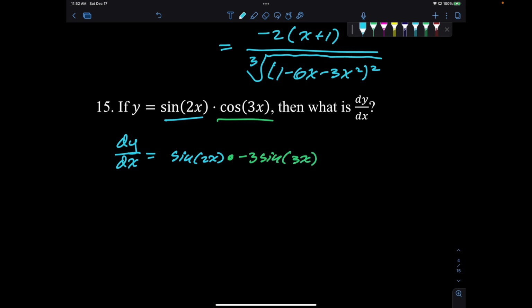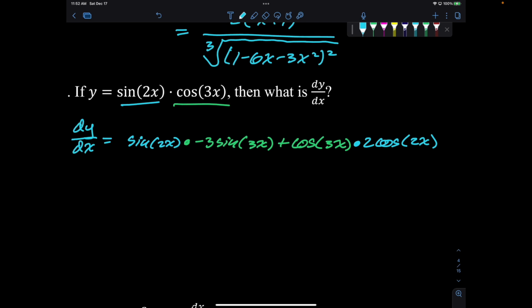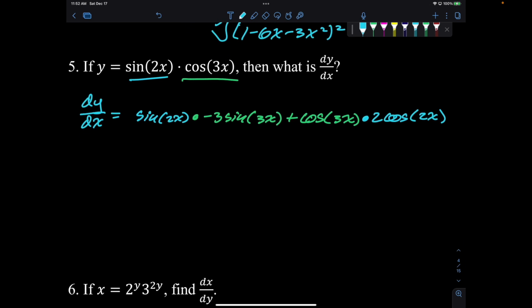And then plus the second times the derivative of the first. The derivative of sine is cosine, and then you pick up a 2 from the chain rule, so 2 cosine of 2x. What simplifies? Absolutely nothing.